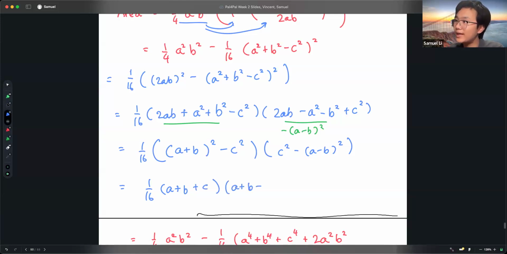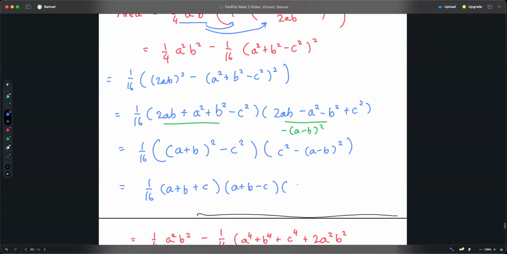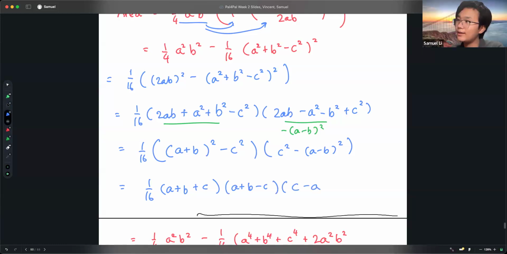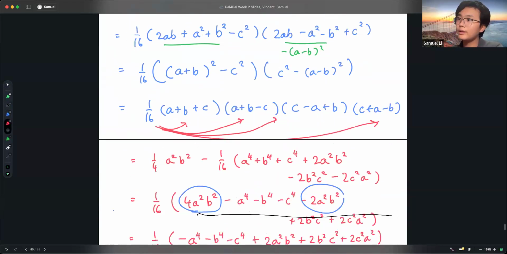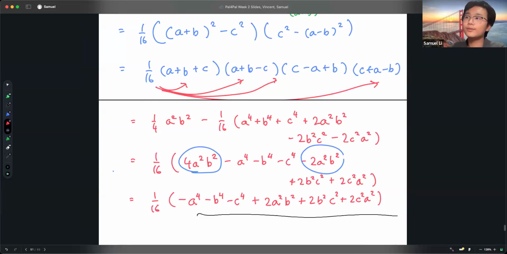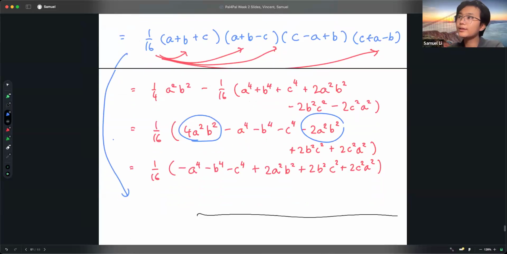So a plus b minus c times c minus a plus b times c plus a minus b. And now you look at the 1 over 16 and you distribute it across each of these guys. Let me just write it over here.